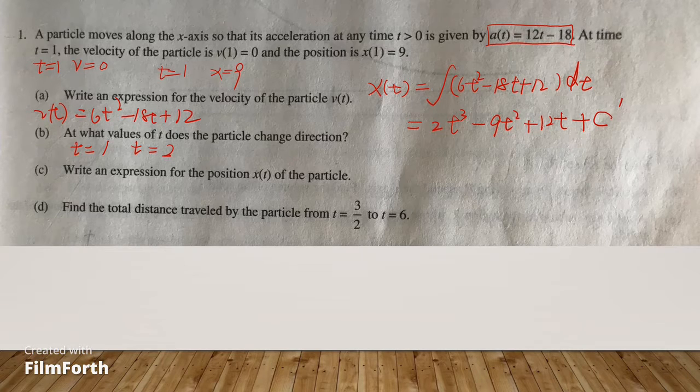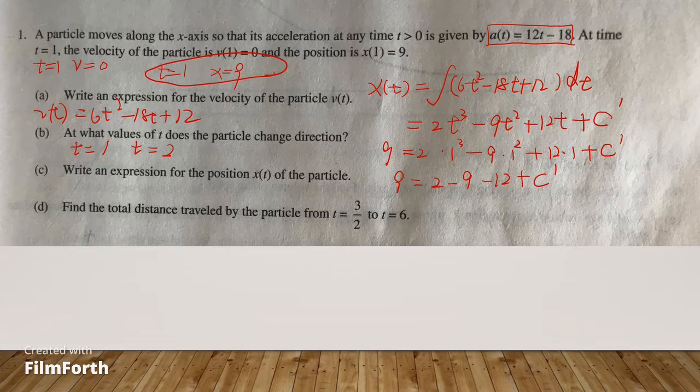Okay, now we just need to plug in another given condition. t equals 1, x equals 9. So 9 equals 2 times 1 cubed minus 9 times 1 squared plus 12 times 1 plus constant. So 9 equals 2 minus 9 plus 12 plus constant.